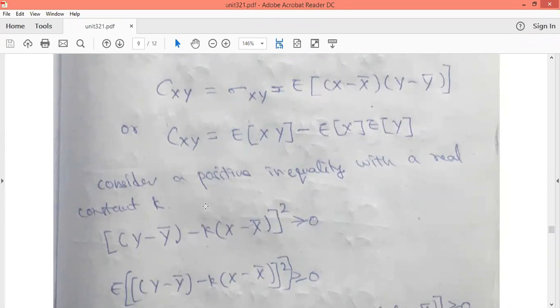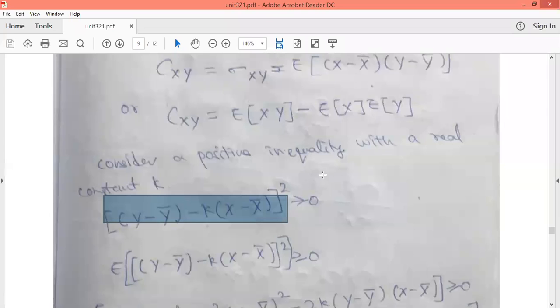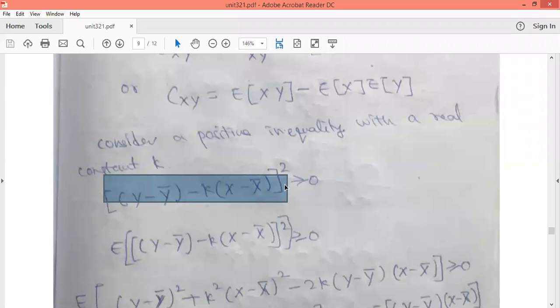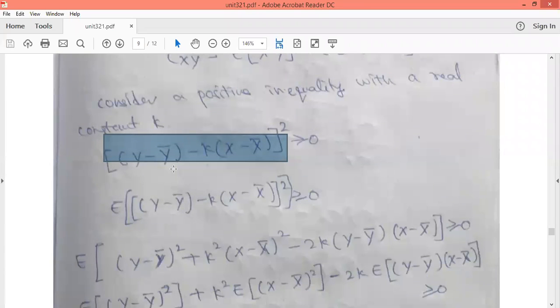Since we are taking the whole square, this value will always be greater than or equal to 0, always positive. Even the negative value will become positive, because we have taken the square. Now if any value is greater than or equal to 0, its expectation will also be positive only.